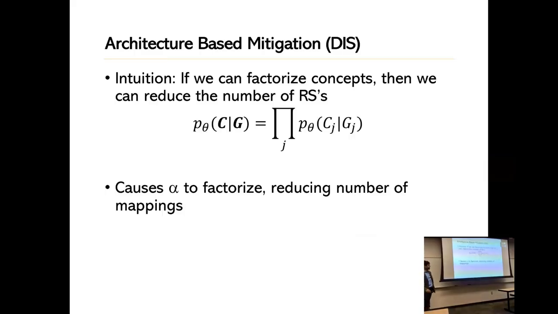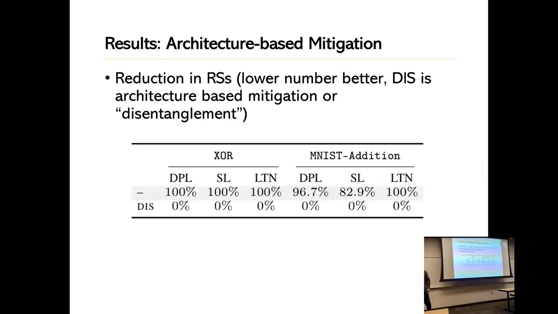Another idea is what they call architecture-based, where you can factorize the perceptual function. And this also causes alpha to factorize in turn, which reduces the number of mappings. And so they also show here it is highly effective in reducing your reasoning shortcuts, providing really good results compared to the baseline, effectively eliminating all reasoning shortcuts.